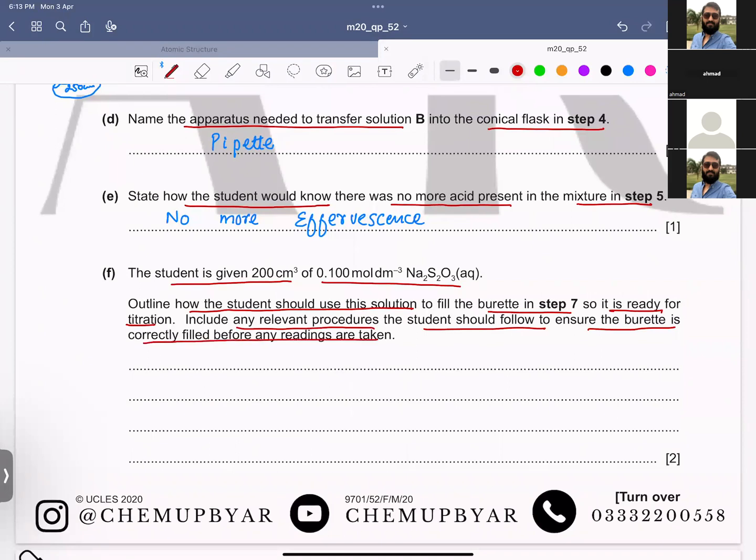First of all, 2 marks, so you need to make 2 points over here. Whenever we are going to use any reagent in the burette, we first rinse the burette with the same reagent. So you can easily write this 1 point: rinse the burette with sodium thiosulfate.